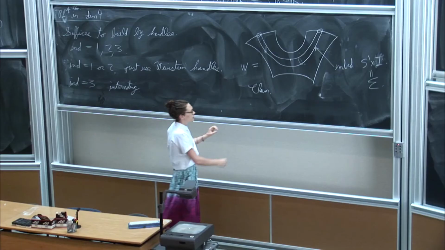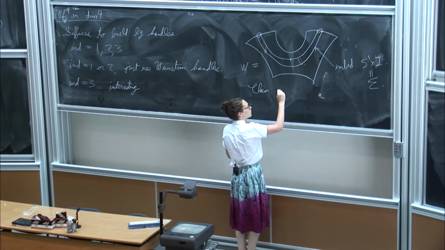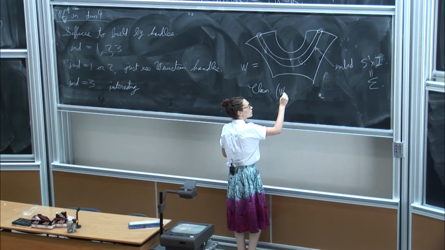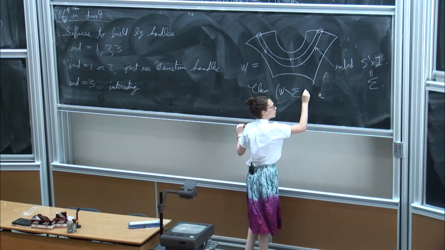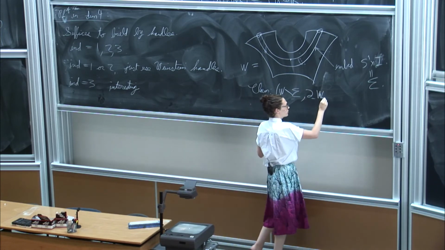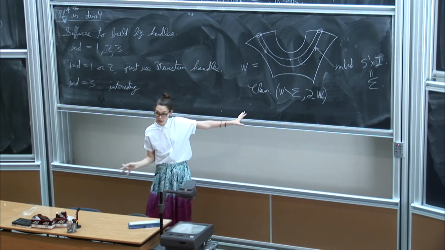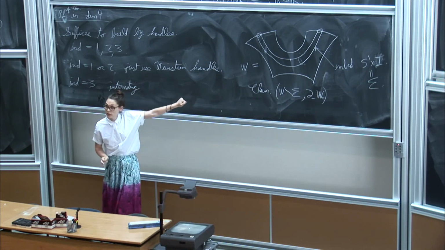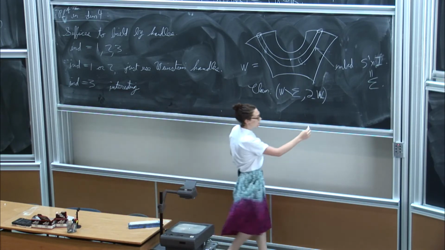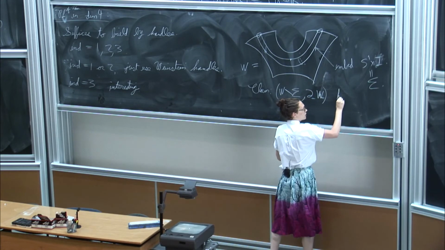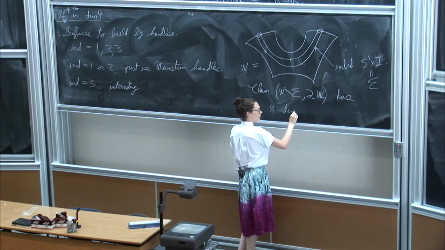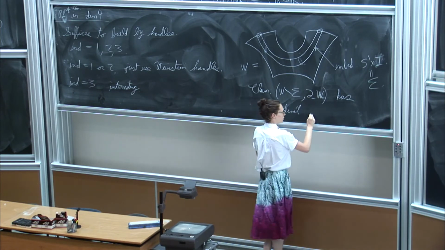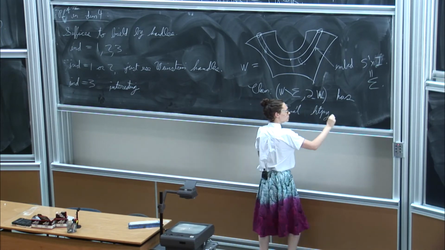So then the claim is that if I look at the complement of this surface relative to the original negative boundary, which hasn't changed at all, this surface doesn't intersect the negative boundary, that this has half-dimensional homotopy type.